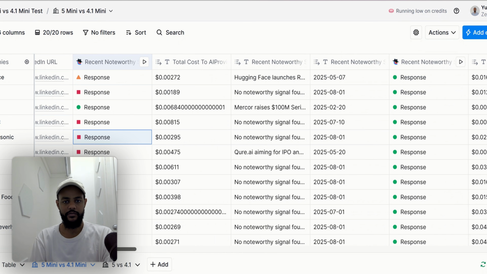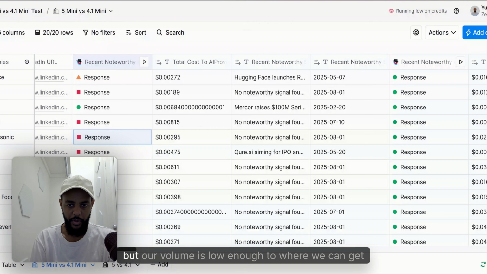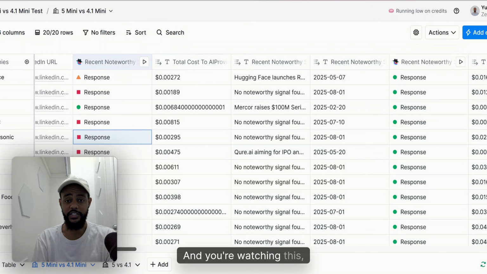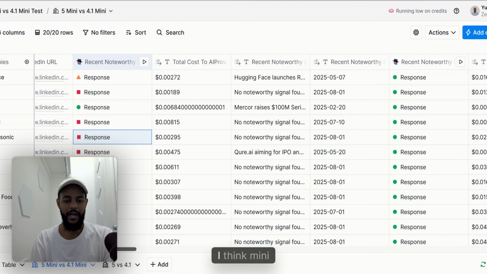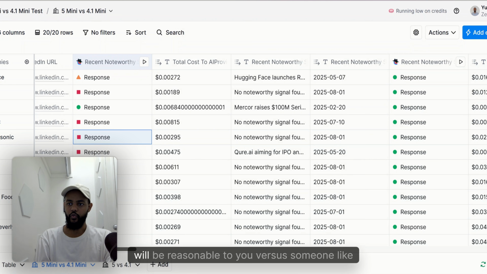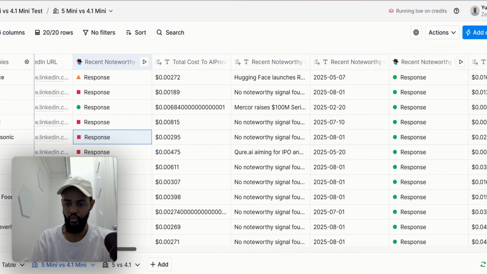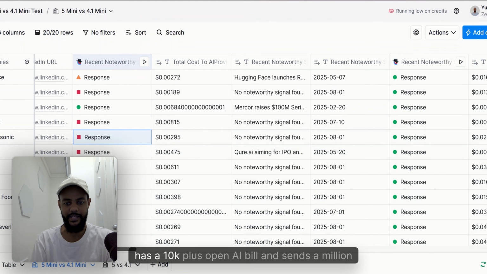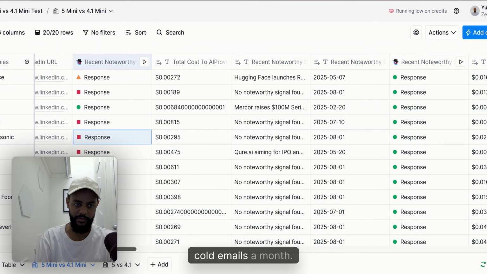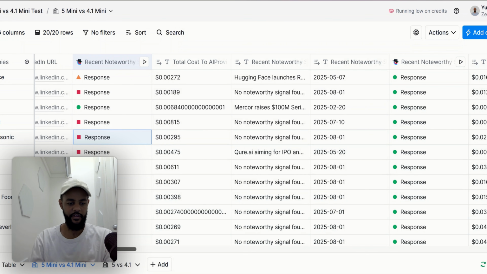Nano is cheaper, but our volume is low enough that we can get this done effectively. And if you're watching this, your volume is probably at a point where I think mini will be reasonable for you, versus someone like Eric who has a 10K plus OpenAI bill and sends a million cold emails a month, right? Most likely, you're not sending a million emails a month.